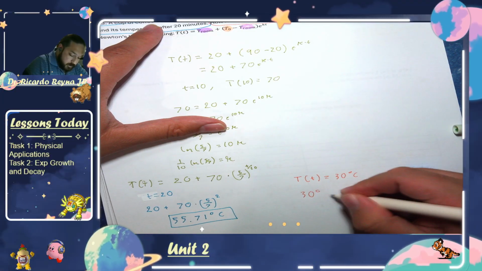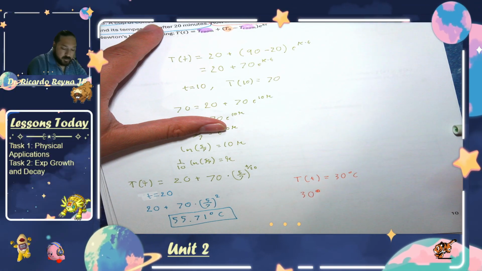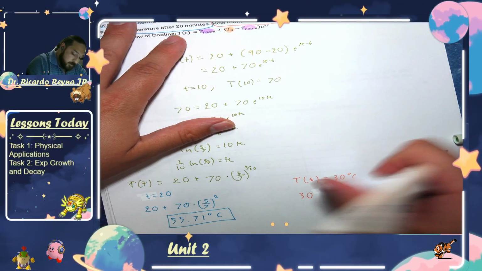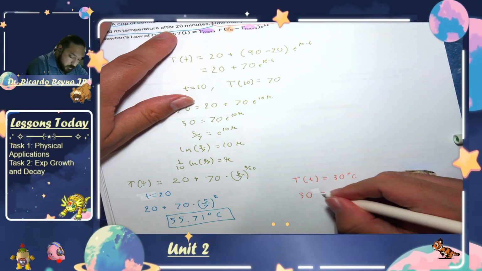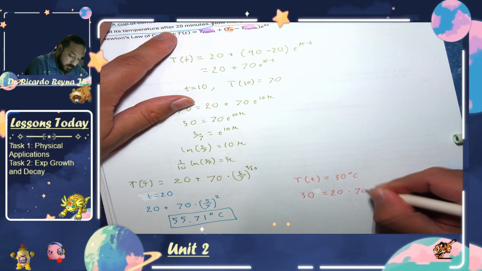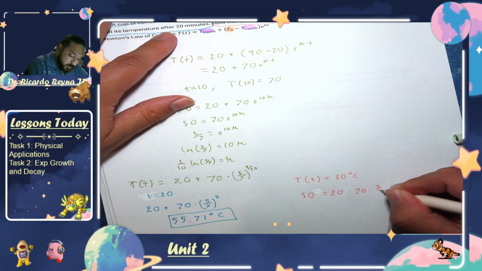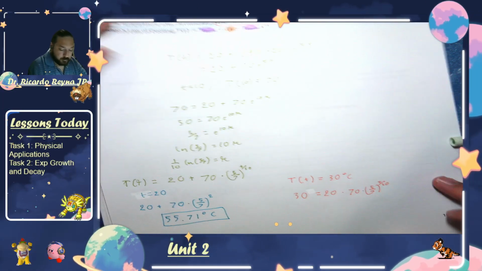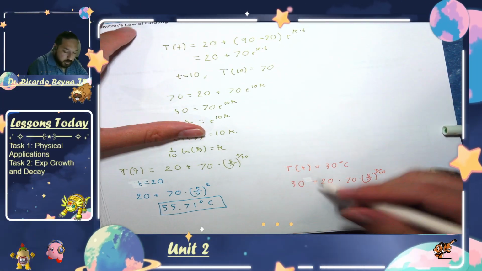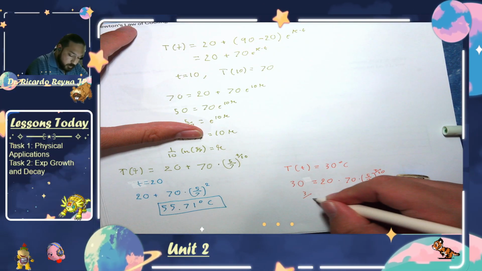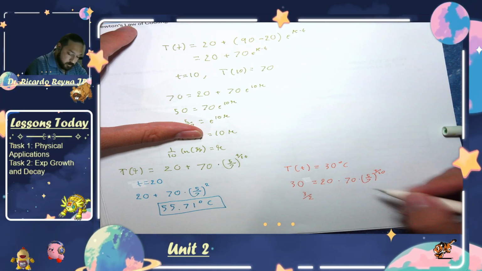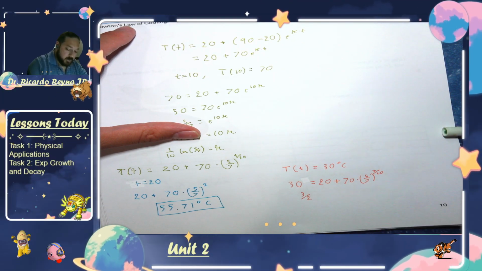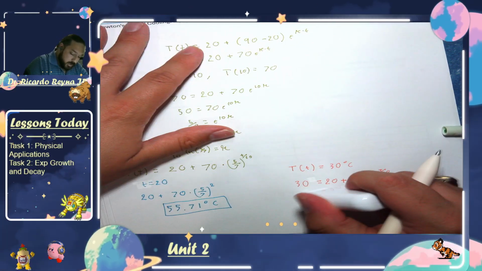30 is equal to 20 plus 70 times 5 over 7 to the power of t over 10. So subtract the 20, and we get 10.